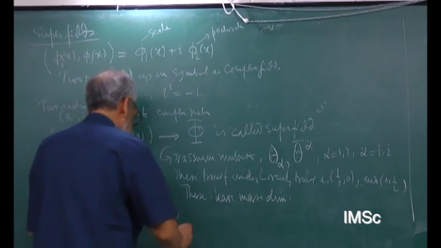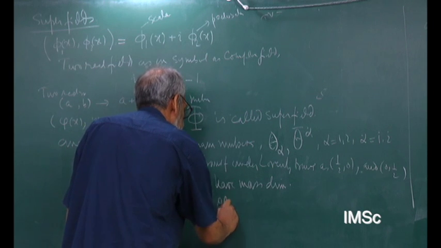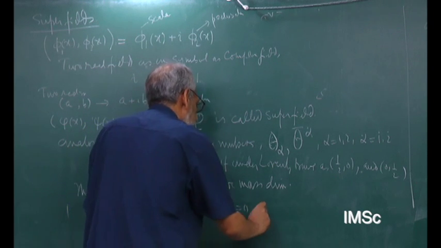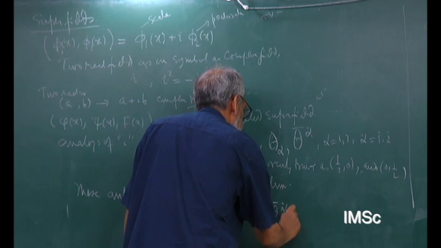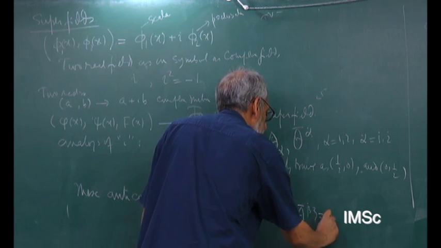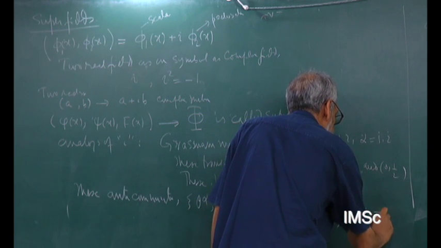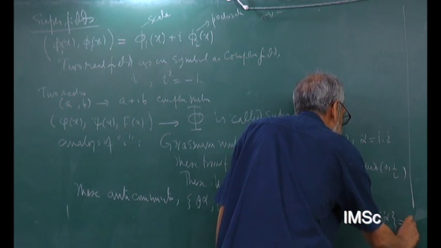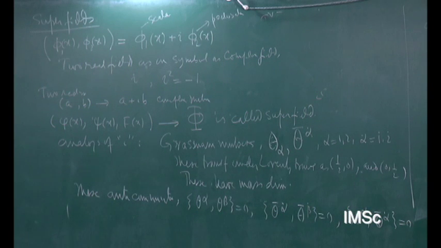That means the anti-commutator of theta alpha and theta beta is 0, the anti-commutator of theta bar alpha dot and theta bar beta dot is 0, the anti-commutator of theta alpha and theta bar alpha dot is 0, and so on and so forth, whatever you can write. They have to have this property.